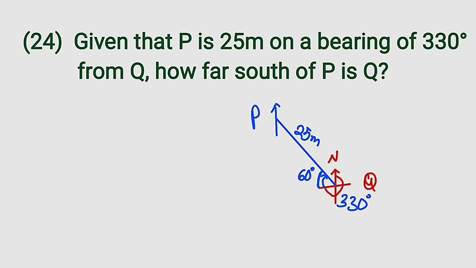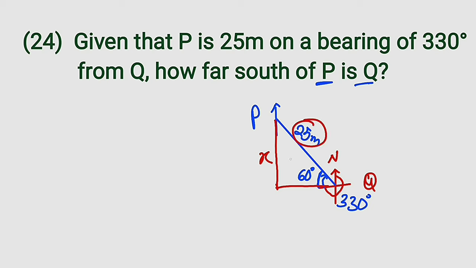So we need 60 extra to make it 330. So the question is saying how far south of P is Q? So we're talking about this vertical distance, which is the south of P, till it hits the point horizontally leading to Q, which is this one. So we're looking for this.